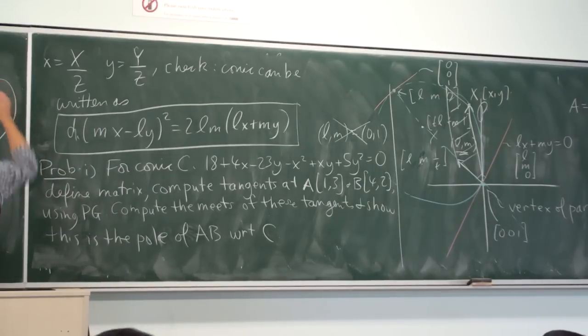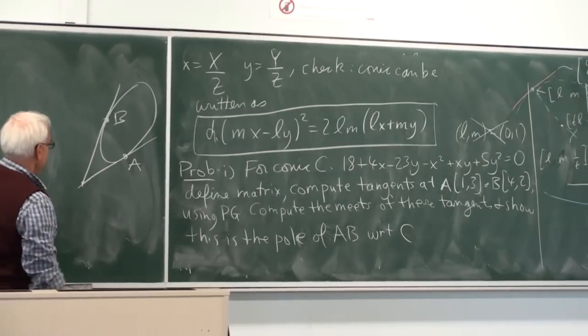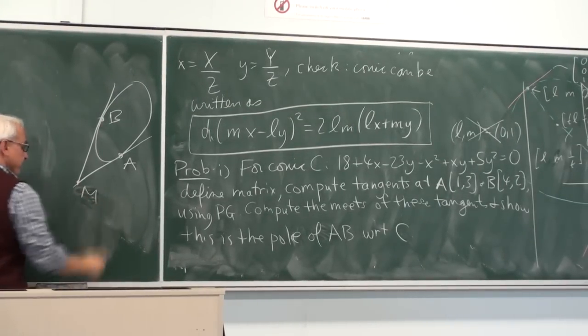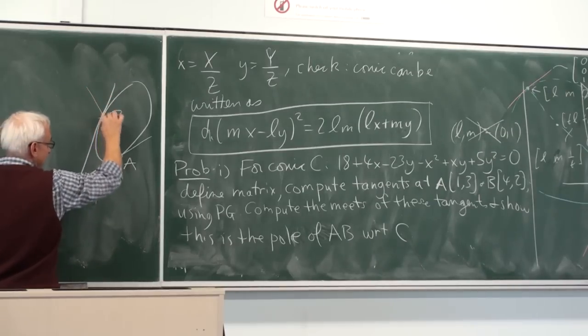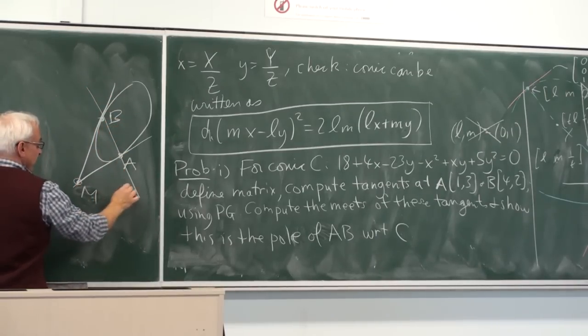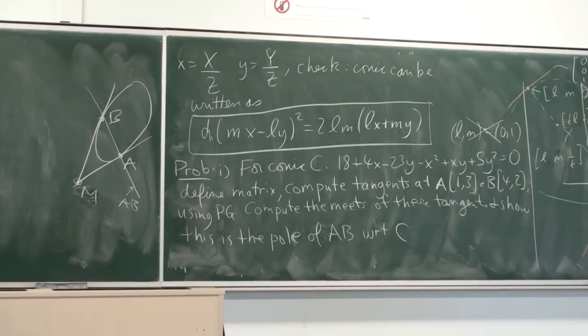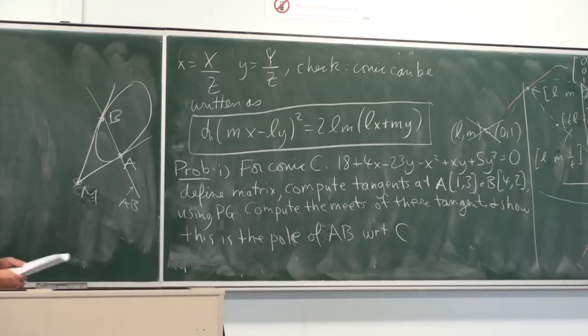So the story there is we've got some conic. It doesn't look like this, but let's say it does. We have two points A and B on it. We need to find the equations of the tangents. We need to find where these tangents meet, let's call it M. And then we want to compare this point with this line AB, which is the join of the two points, and just convince ourselves that this is the pole of this line with respect to the conic.